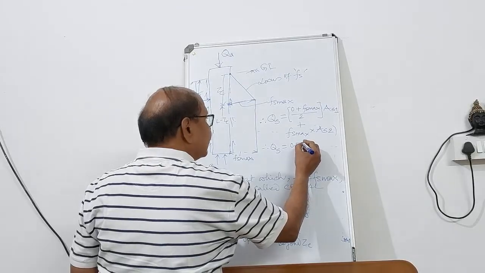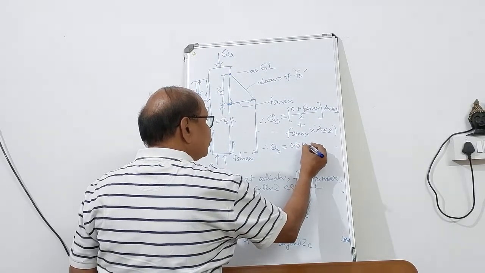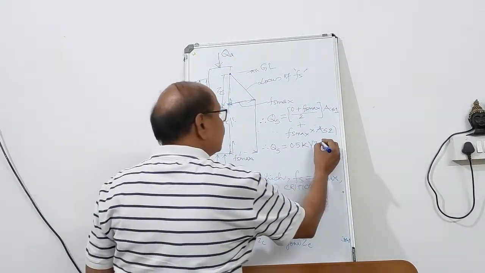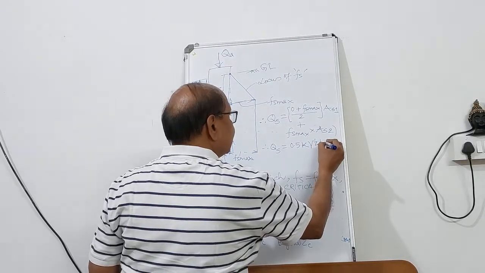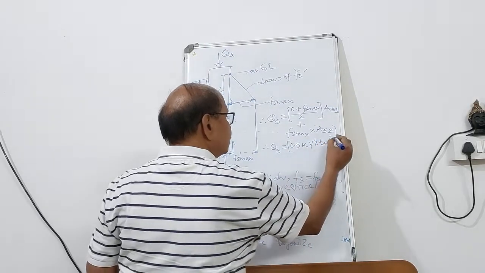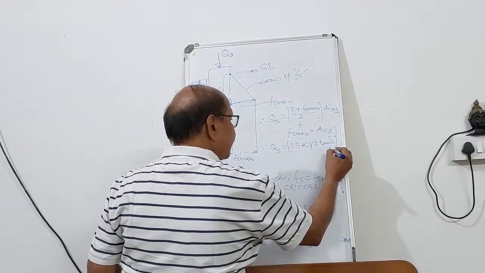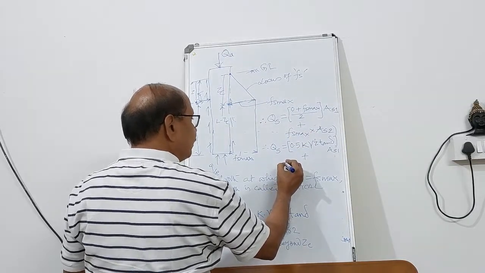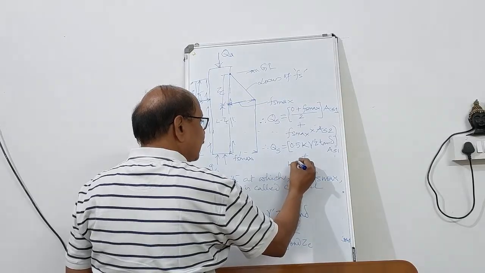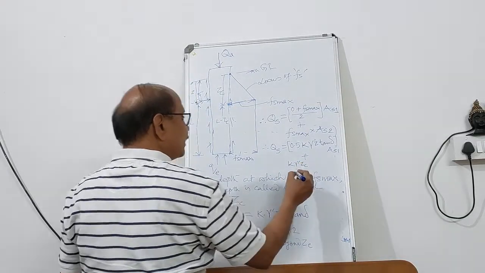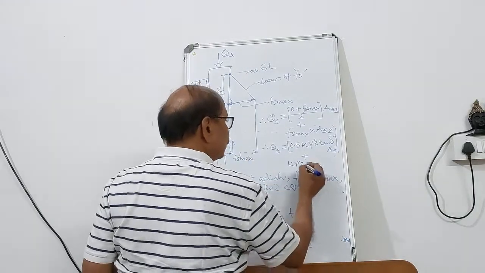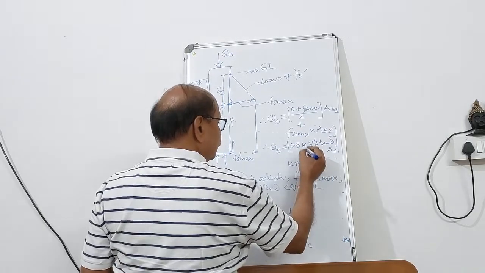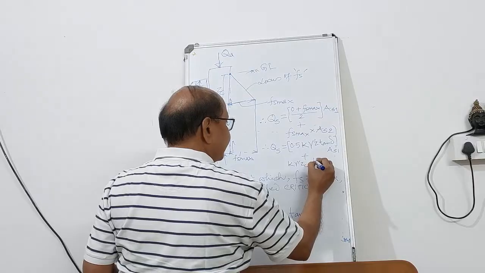So you can write 0.5 times K gamma prime Z tan delta into As1 plus, for the remaining, it will be K gamma prime Z critical, because it is maximum now, into tan delta.